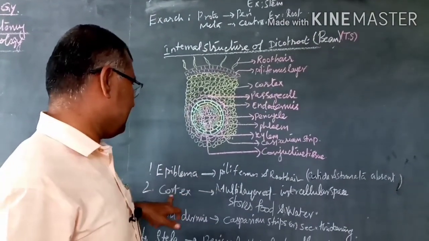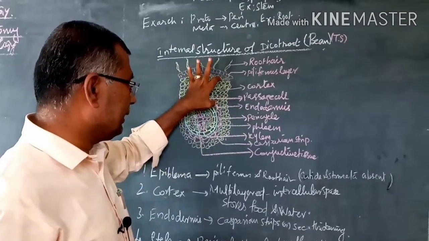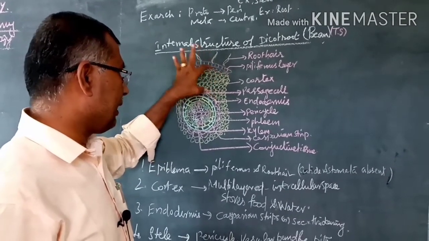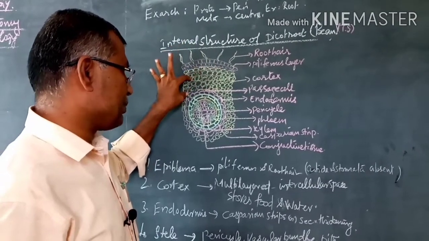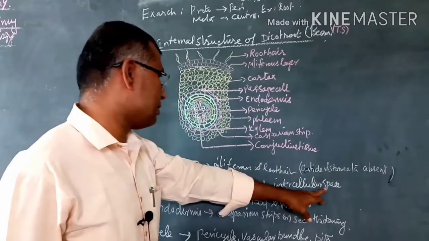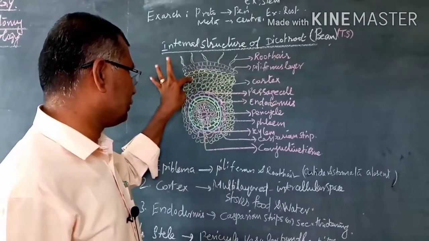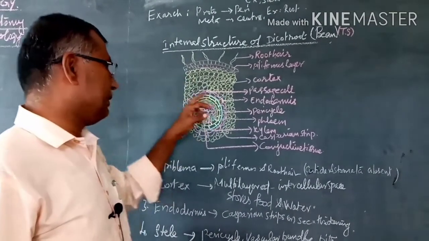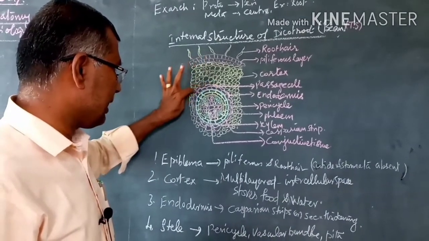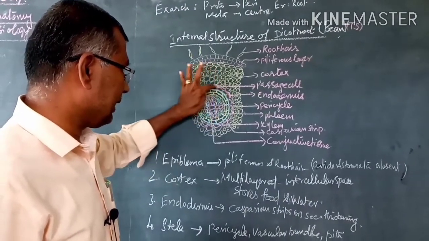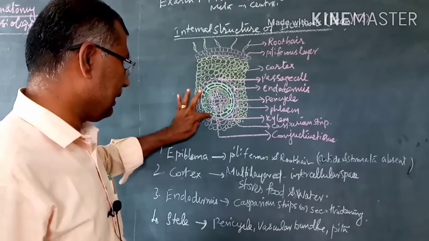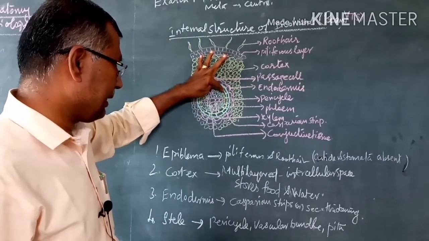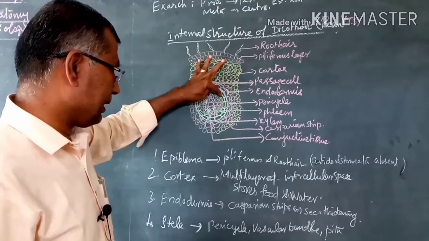Then the next one is the multi-layered cortex made up of parenchyma cells and having intercellular spaces. The cortex stores water and food. Next to this, the innermost layer is the endodermis. Then inside the endodermis there is another layer, that is the pericycle.